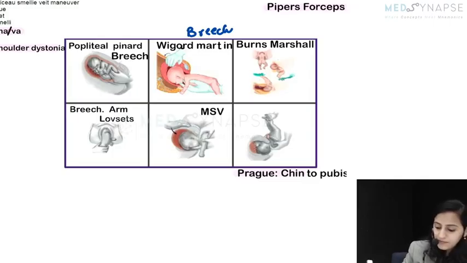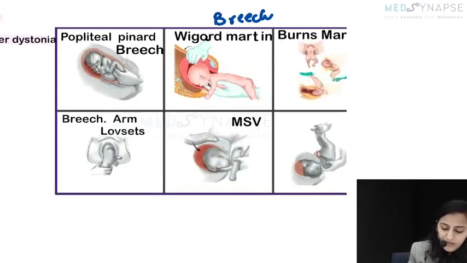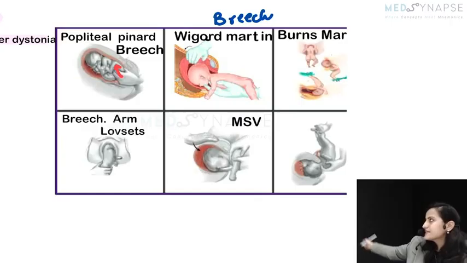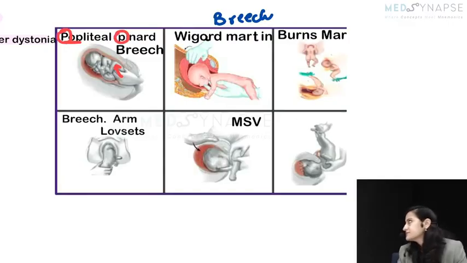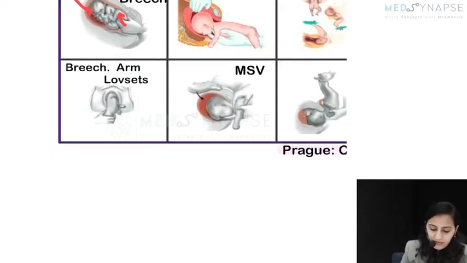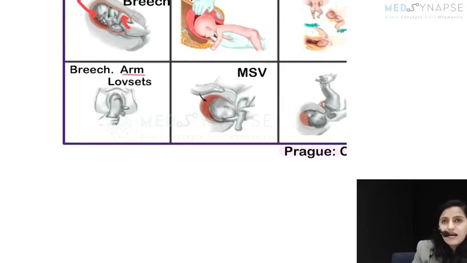In the breech, the maneuver which is used for the popliteal fossa, leg निकालने के लिए popliteal fossa वाला. Remember, for popliteal it is Pinard. You will see the finger in the popliteal fossa. What is the maneuver for the arm? Where you are seeing the arm यहाँ पे, the arm is extended. For the extended arm, it is what maneuver?